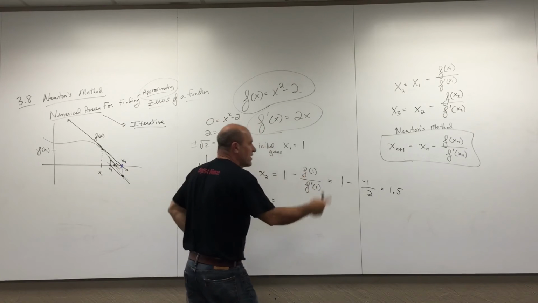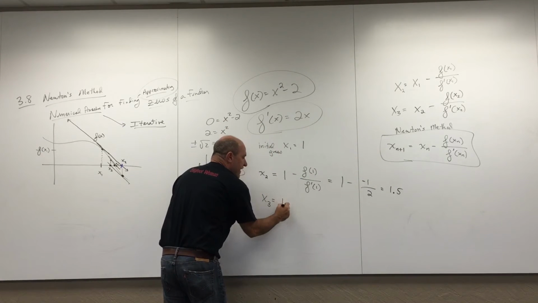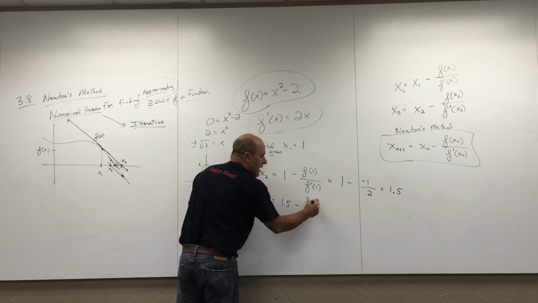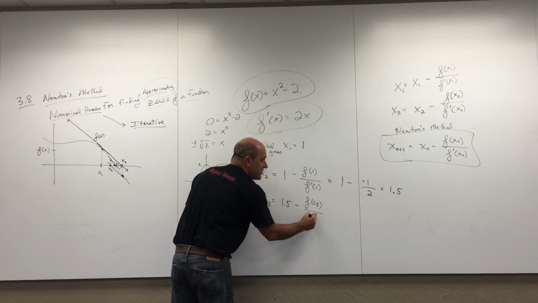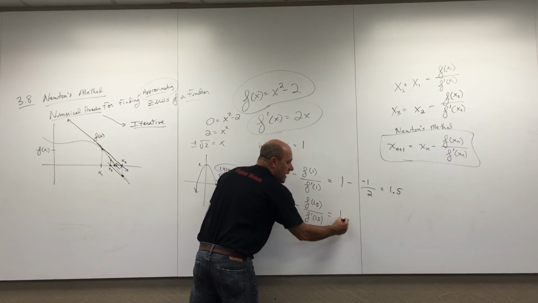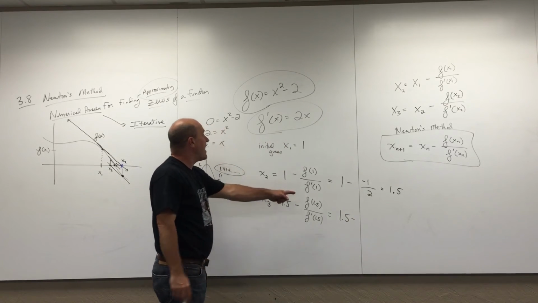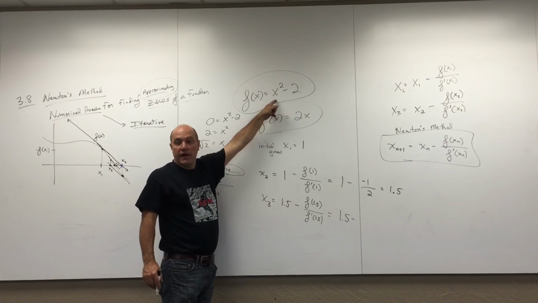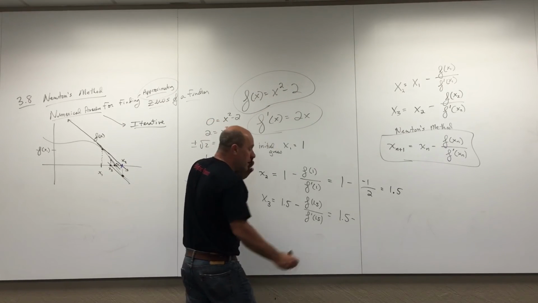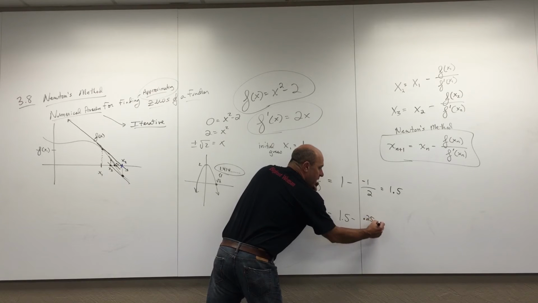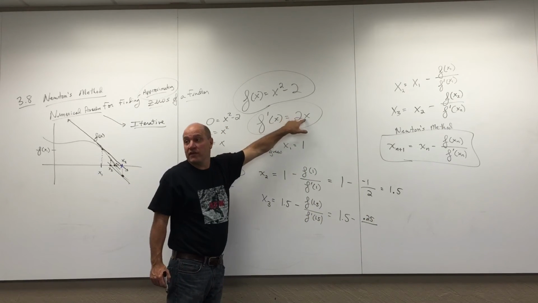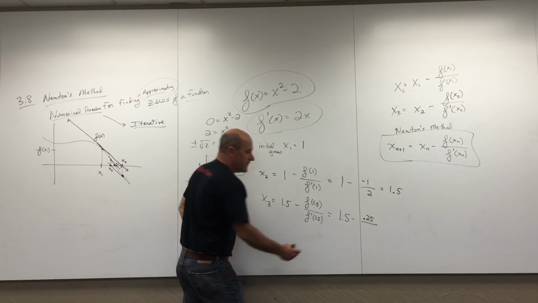Okay, what am I doing? I'm plugging in a 1.5. That means I'm plugging a 1.5 into the function, and I'm also plugging a 1.5 into the derivative. 1.5 into the function, I can do this in my head. That's 2.25 when you square it, and when you subtract 2, it's 0.25, over 1.5 in the derivative. 1.5 in the derivative is 3.